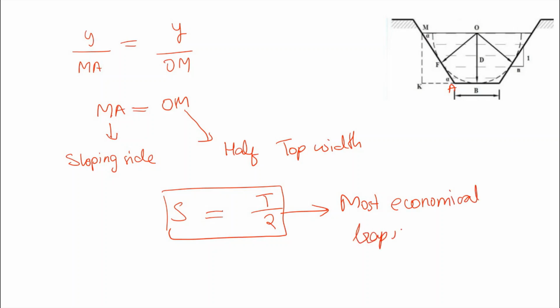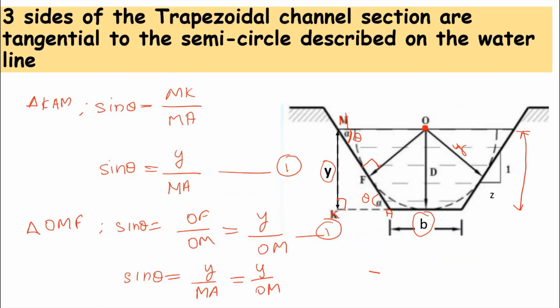So if we draw a semicircle by keeping the center at the midpoint of the top width, that semicircle will touch all three sides of this trapezoidal channel section, and thus we can say the sides of this channel will be tangential to the semicircle.